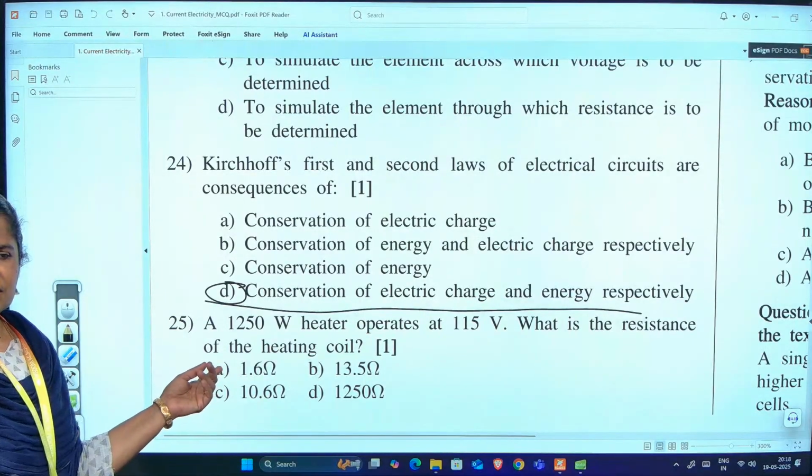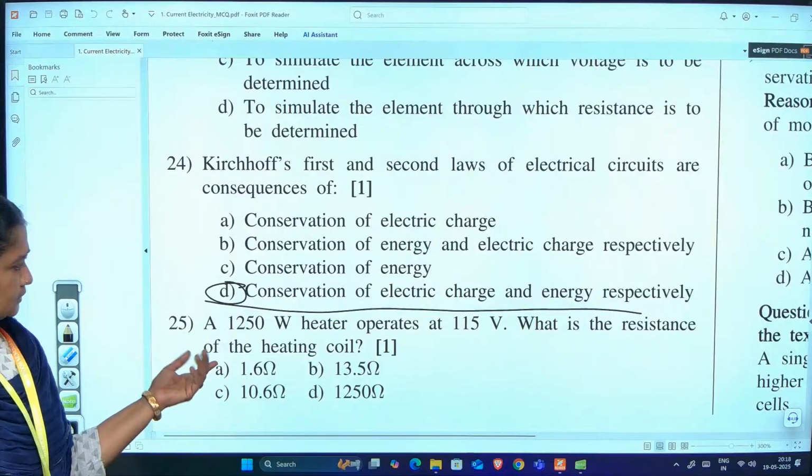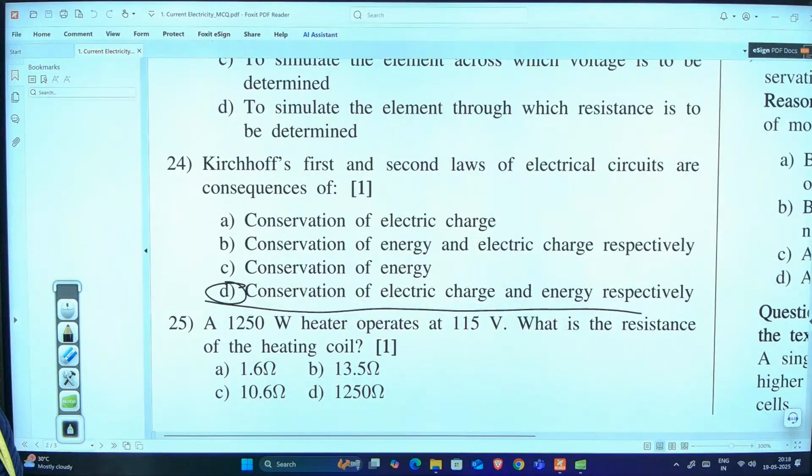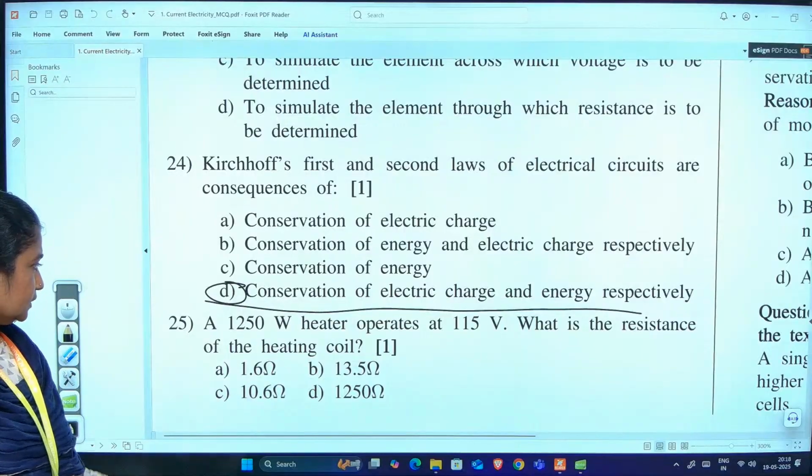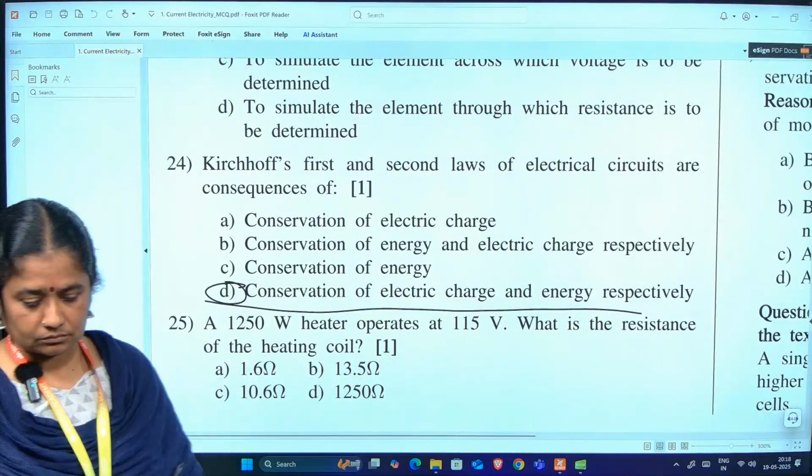This is also direct. P is equal to V square by R. Calculate R. They have given the power, they have also given the value of V, and they have asked you to find the resistance of the heating coil.